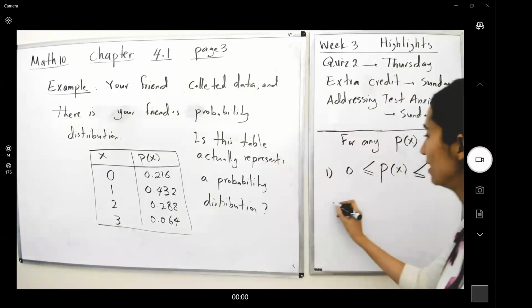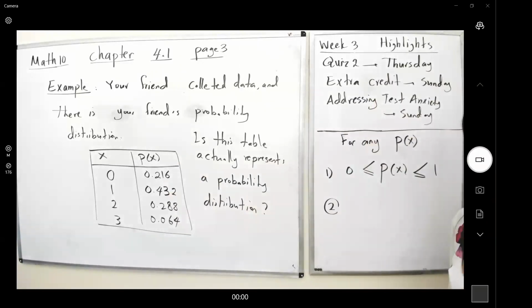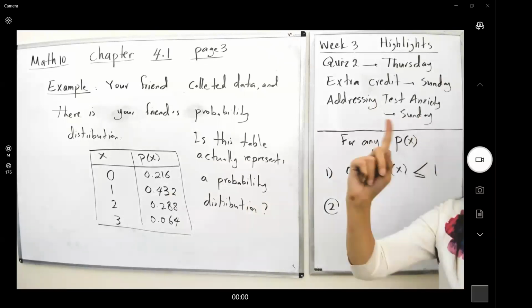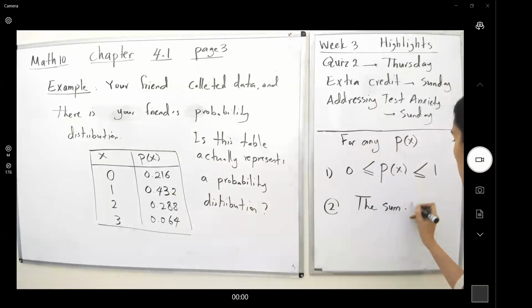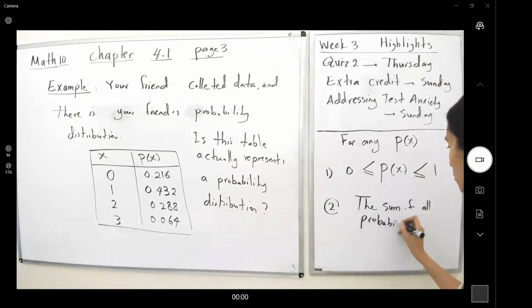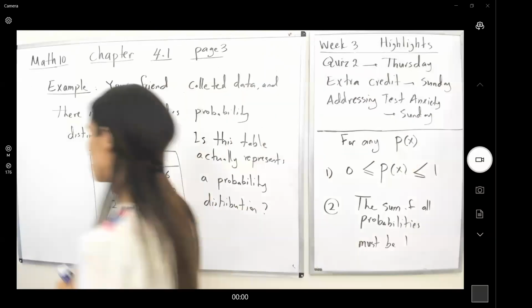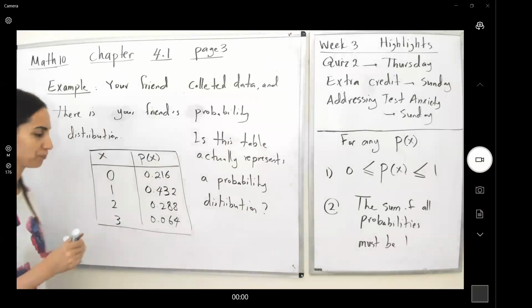And the second one, if you add them all together, the sum of all probabilities must be 1. Okay. So let us check each of these one by one.